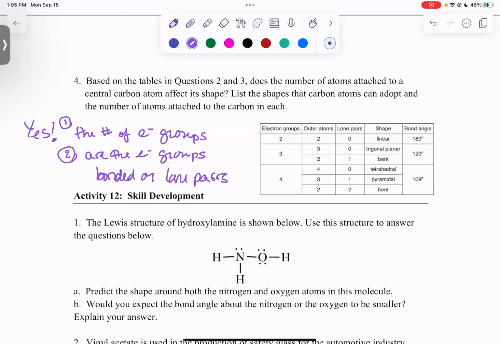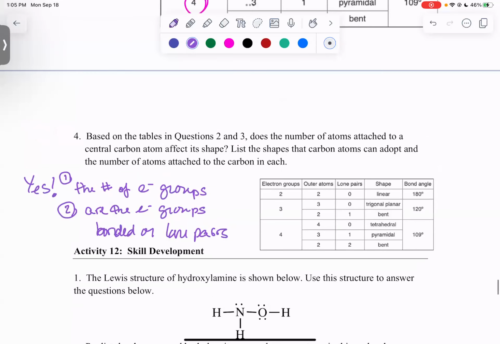And so if you look at carbon, what can carbon do? Well, carbon has 4 valence electrons, so it wants to make 4. So if it has 4 areas, all 4 areas have atoms and no lone pairs, so then it could be tetrahedral, right? If carbon, on the other hand, makes, let's say, a double bond, now we have 3 areas, 3 electron groups.